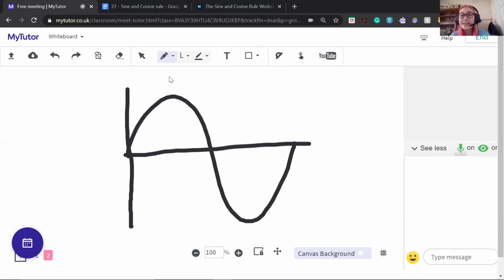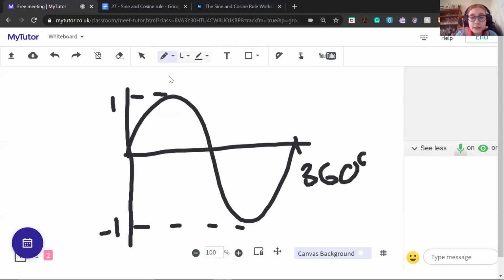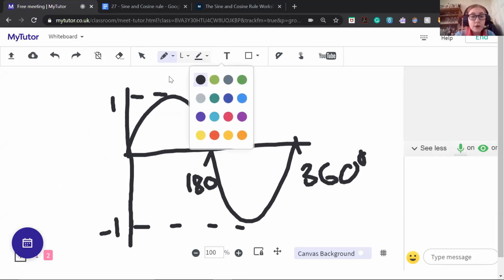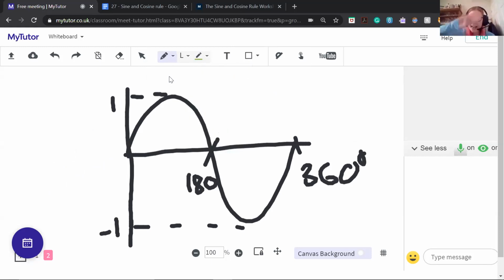When you put sine of 54 into your calculator, it goes up to 1 here and down to -1. You'll probably have seen this before. This is 360 degrees, this middle one's 180 and so on. So when you put in, say, sine of 54, all your calculator does is it has this graph and all of these values, and it finds 54 and sees where it is and gives you whatever number this happens to be here. So that's all it is.